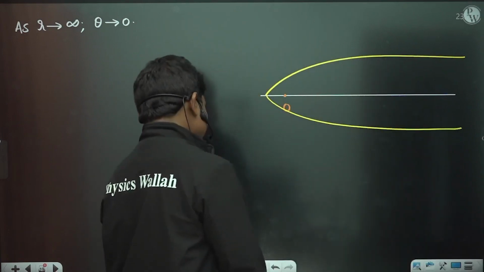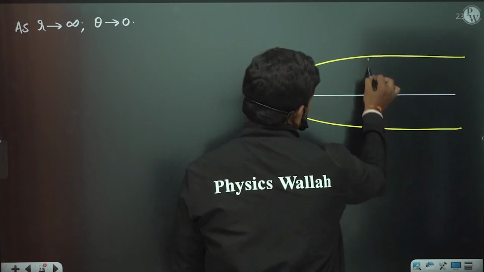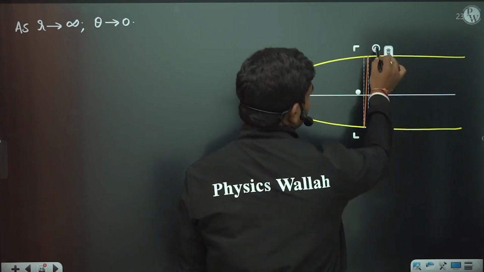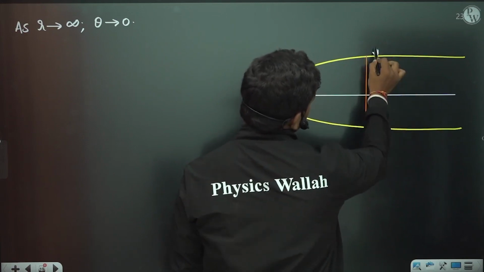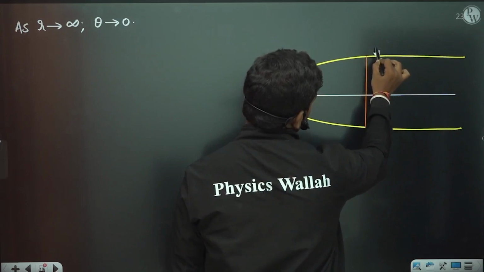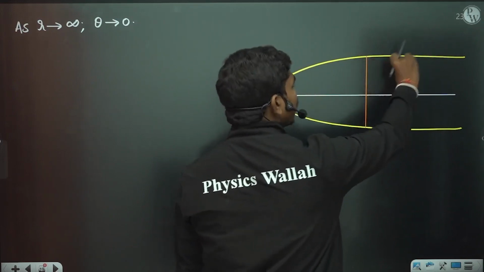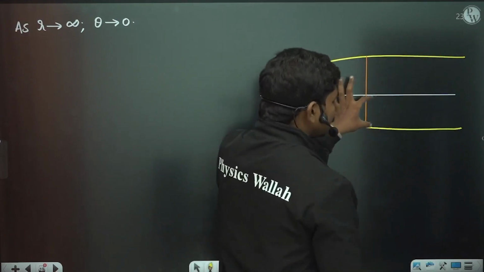In this case, let us suppose for example here it got converted to a straight line. After this point there is no increase in the height, which means whatever this distance is, the same is the distance all over. This distance is the same.